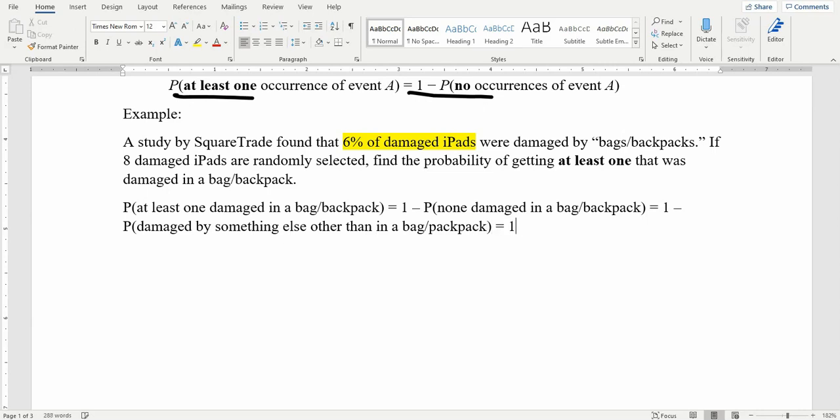And that probability is 1 minus, well, that's what we've got to think about. So let's think about this. If there's a 6% probability or chance of being damaged by bags or backpacks, that means there's a 94% chance of damage by something else.